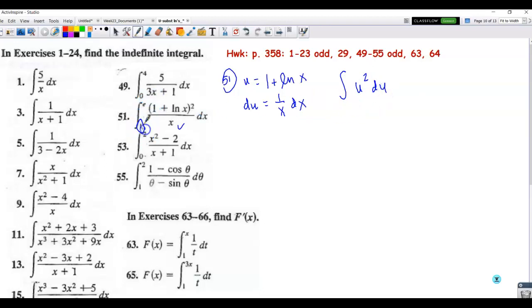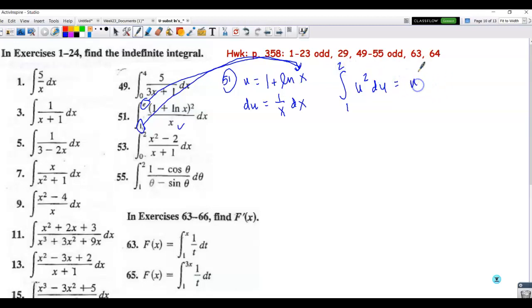My lower bound 1, I'm going to change into ln of 1 is 0, and 1 plus 0 is 1, so it stays a 1. I'm going to substitute e in place of x. The ln of e is 1, and 1 plus 1 is 2.